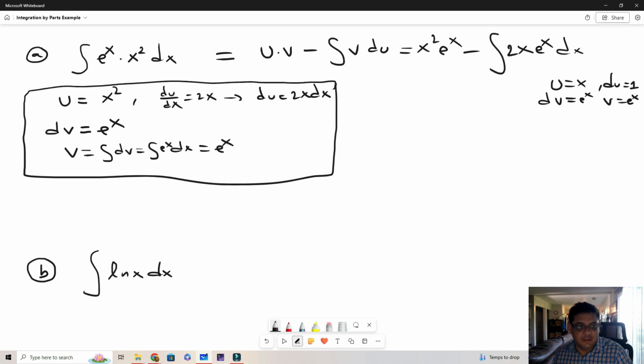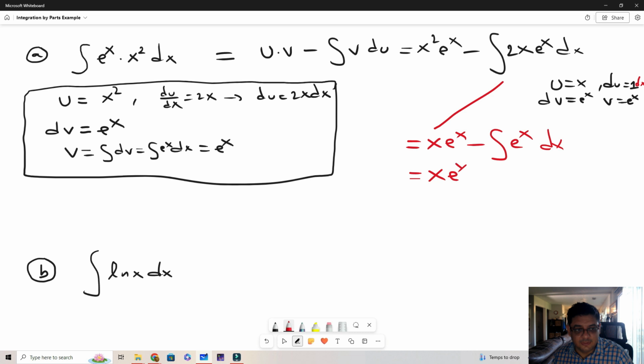So I can express this integral as x e to the x minus the integral of v du, which is e to the x dx. This is much easier to manage. This is now x e to the x minus the integral of e to the x, which is e to the x, plus c.